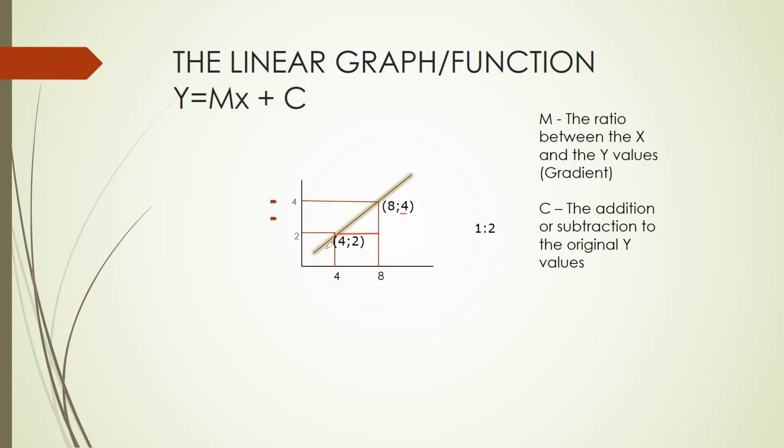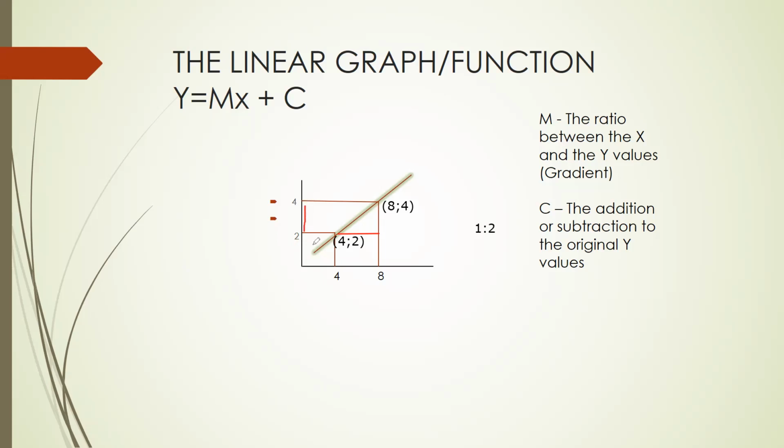Because remember, if this was a walking slope, you would say, I've traveled 4 meters horizontally on the ground and I've gone 2 meters above, for instance. So for every 4 meters I travel on the ground, I travel 2 meters above the ground.